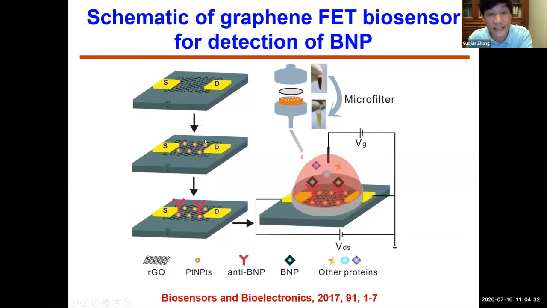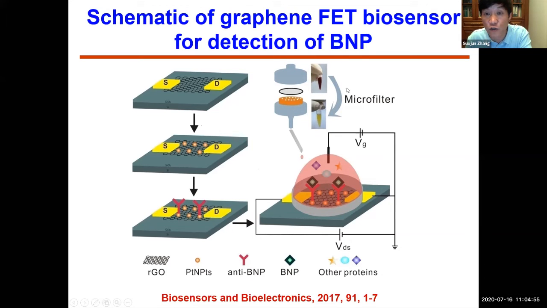To increase the sensitivity, we decorate a gold nanoparticle on the graphene sheet, and we immobilize the antibody on the gold nanoparticle surface. Because BNP is specific to the antibody, the BNP from the serum can be detected.